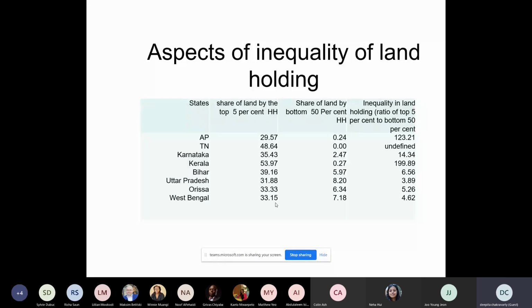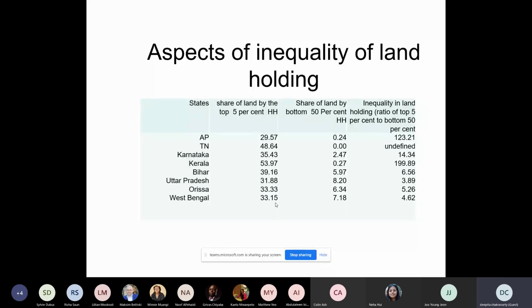But among the Eastern Indian states, it is Bihar which shows the highest landholding inequality. And not only that, if you look at the share of land by the top 5% households, you can see again Bihar stands quite apart, in fact quite close to the southern Indian states.